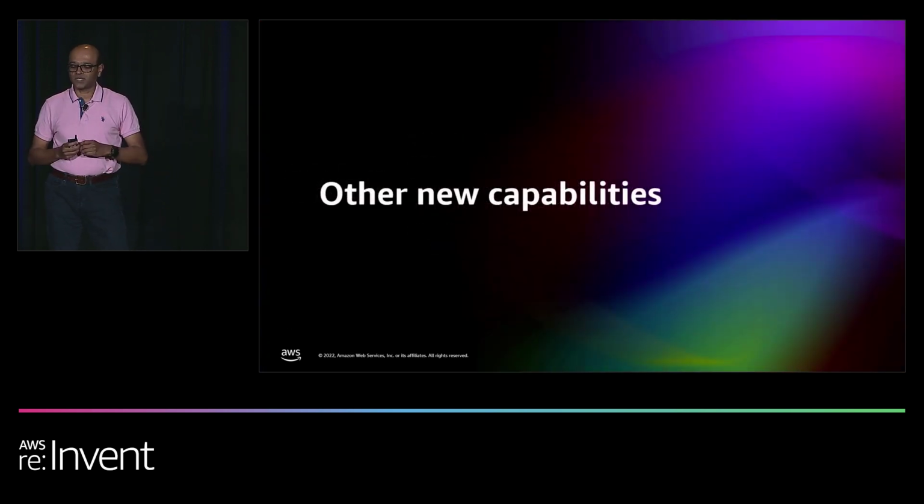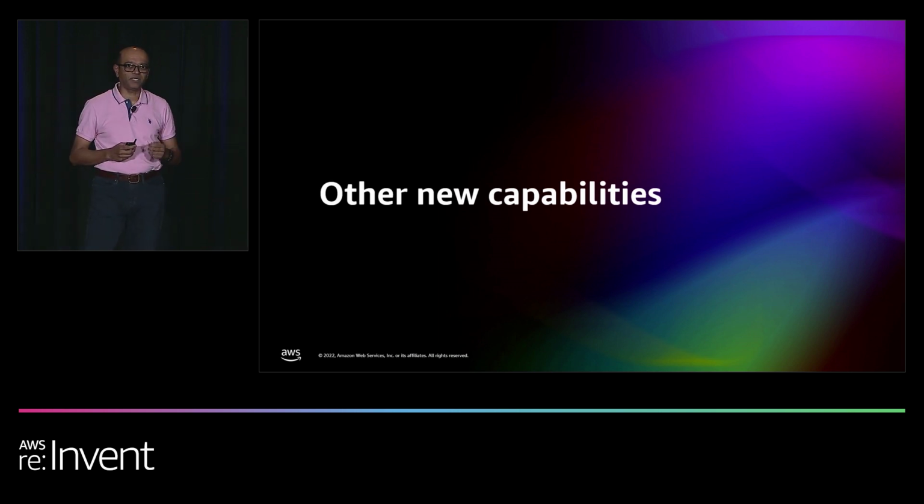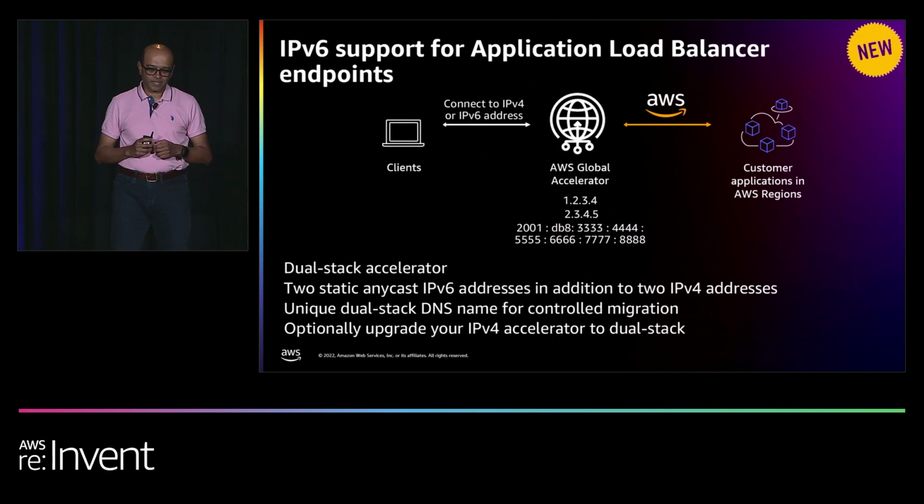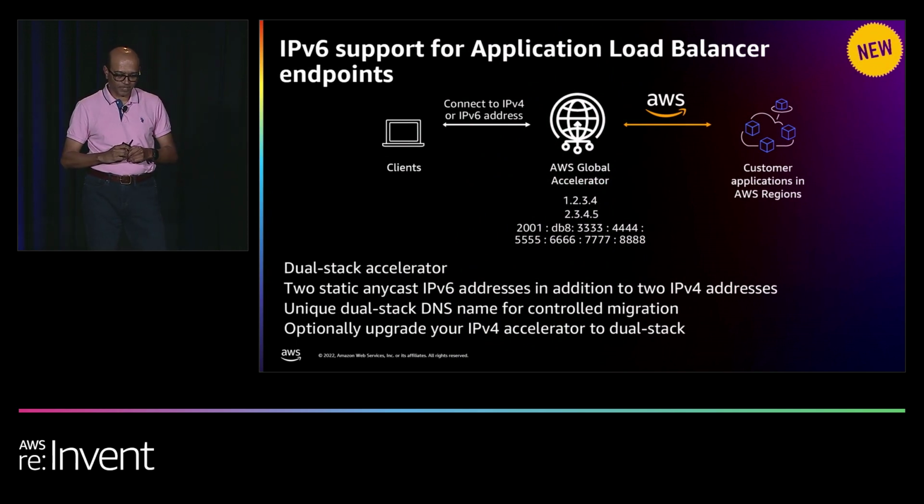While we love to see our customers use our current capabilities, we're also continuing to innovate. And so I want to recap a couple of key new capabilities that we introduced this year. This year we introduced dual stack accelerators, bringing IPv6 to AWS Global Accelerator. And this is specifically for ALB endpoints.